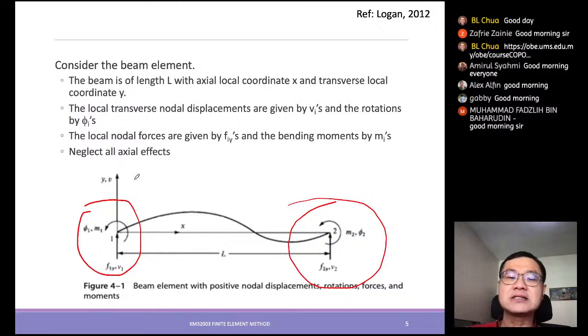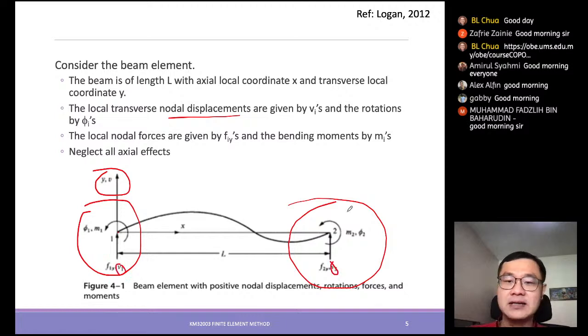Since we are looking at the transverse displacement, we should define this y axis as well. This y axis tells us the nodal displacement, the displacement at the node, given by v1 and v2.